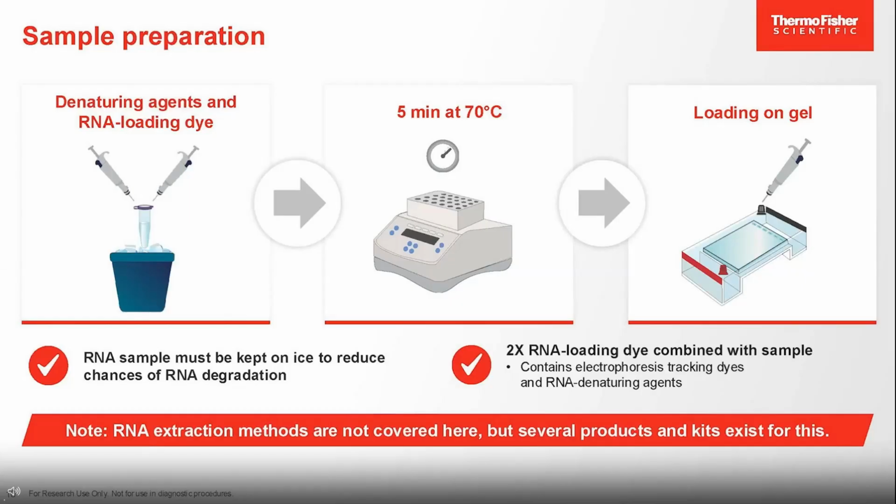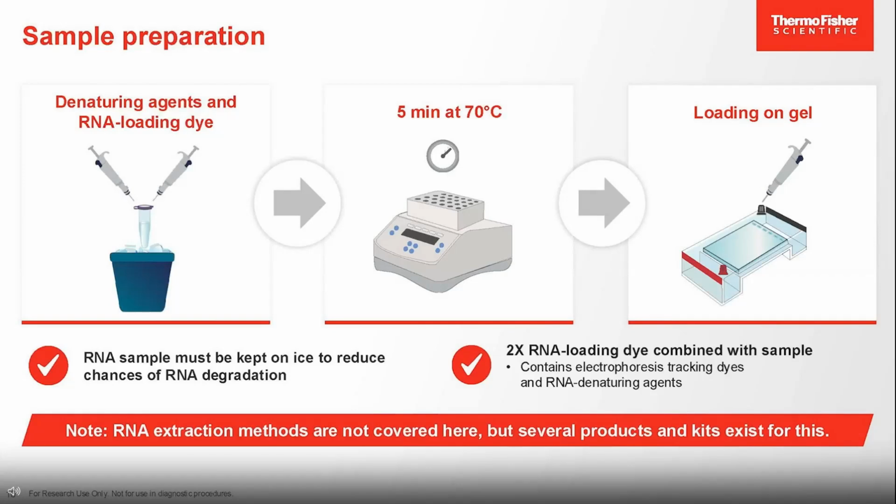The second step is the actual heating process of your RNA sample, and this differs depending on which temperature you're using and how long you want to heat. In our experience, 70 degrees for 5 minutes has been a very optimal condition for RNA denaturation.